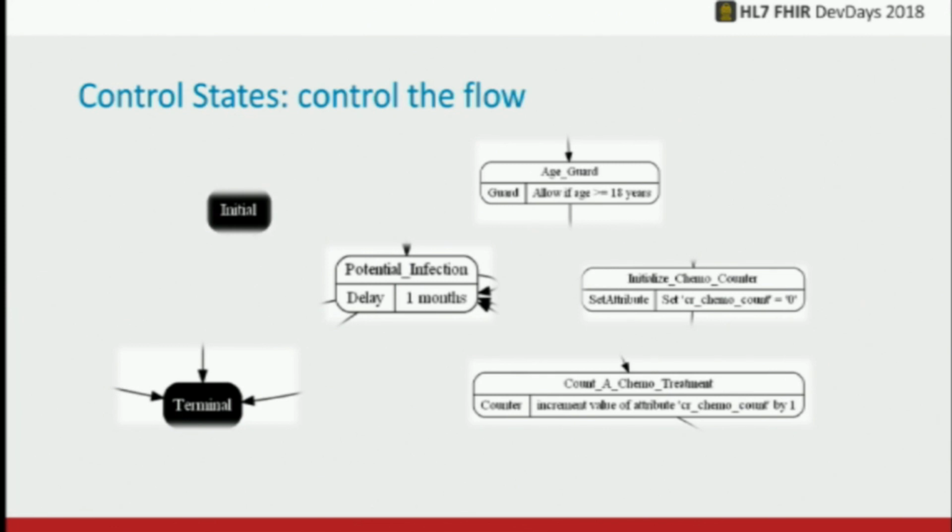There's also delay state. There's a guard, which waits until something happens. There's ways to set attributes on people. And there's counters. So if you want to make sure certain things happen, like this has to happen exactly 3 times, you have different ways to control the flow of what happens.